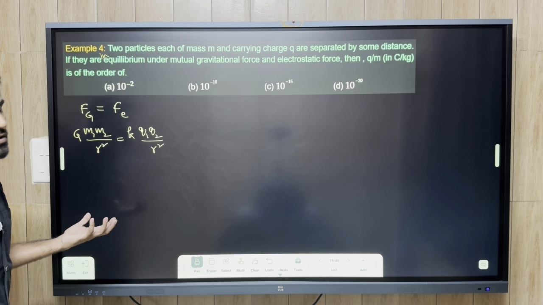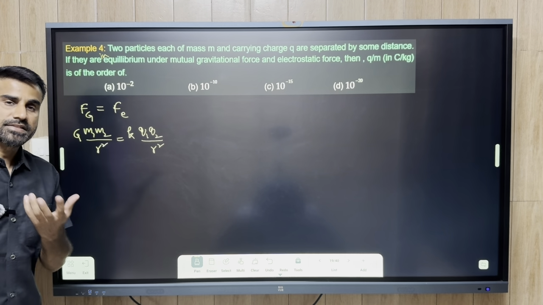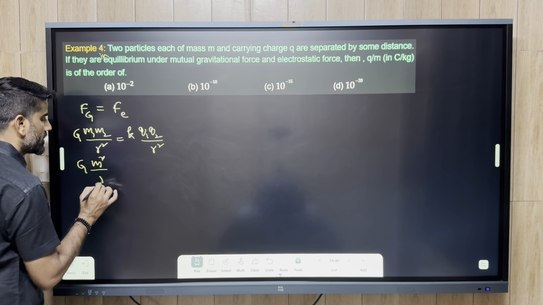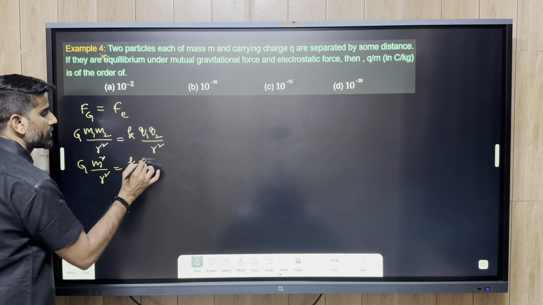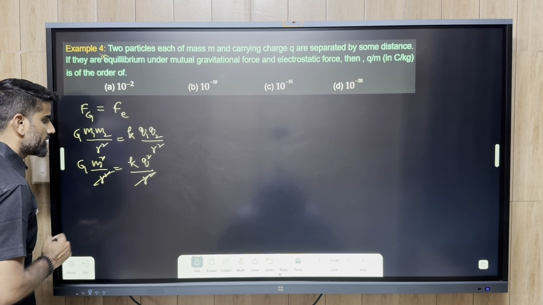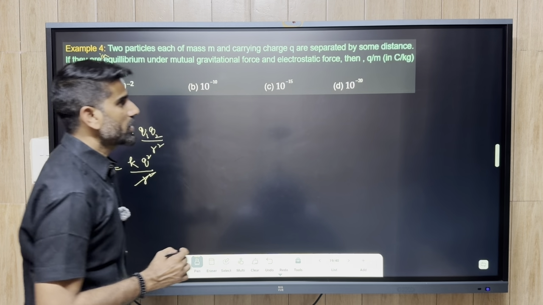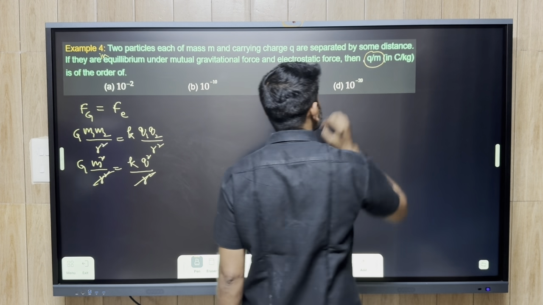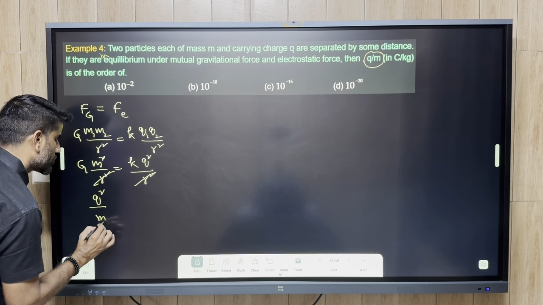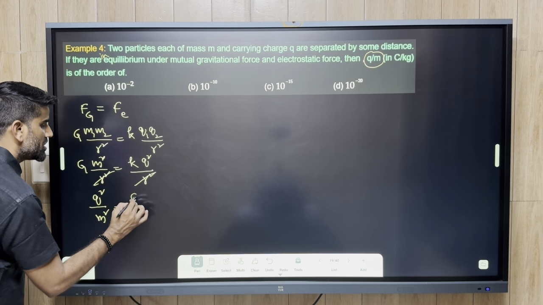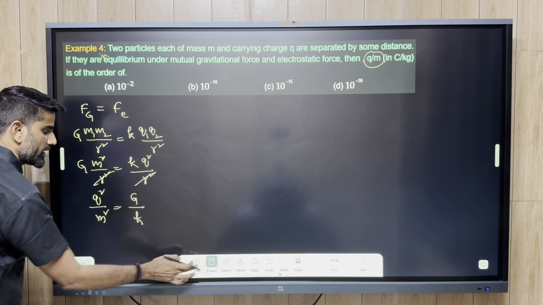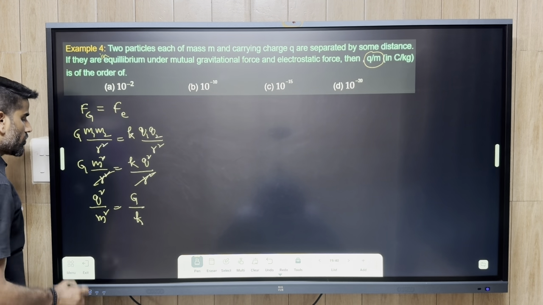As these two have been mentioned as similar type, m1 and m2 must be same, which is m. So I am rewriting the equation: G m square by r square and K q square by r square. R square will get cancelled. If I rearrange this equation, as we are asked to find q by m, the charge by mass ratio, q square upon m square is equal to G upon Coulomb's constant K.